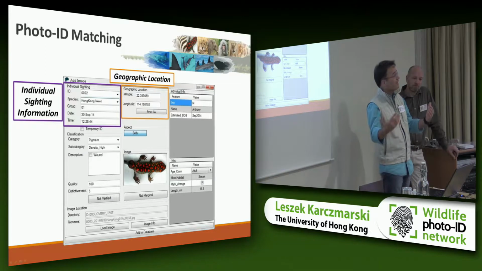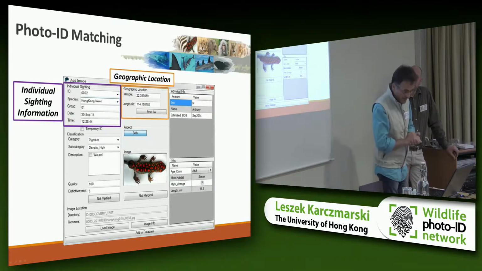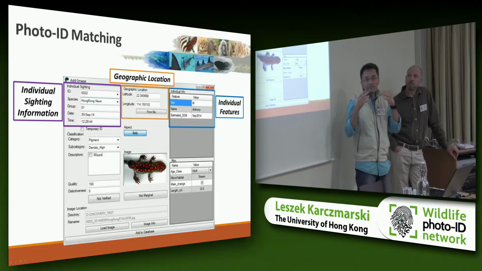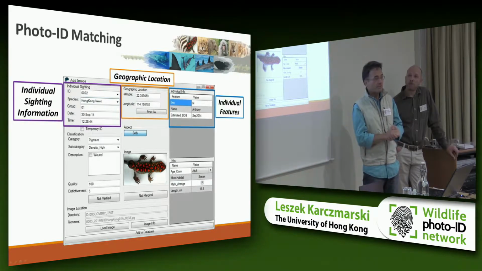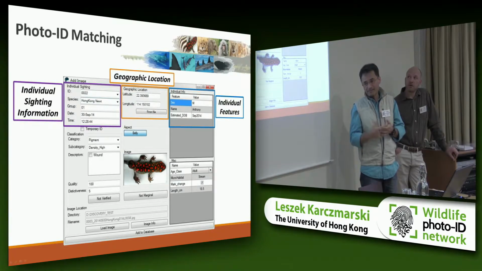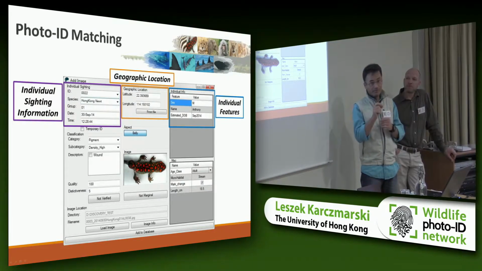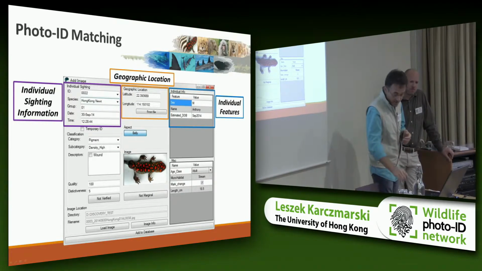Your location can be imported from the file or entered manually. Individual features, those that never change through the lifetime of the individuals. Obviously, sex generally doesn't. Day of birth doesn't. The age might change, but the day of birth will remain the same if you can estimate it. So that will be included there.